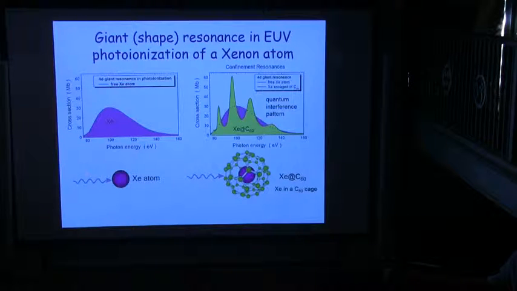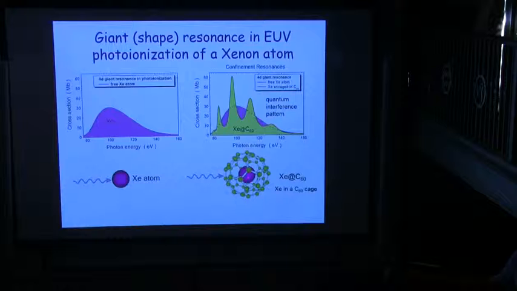The particular case was inner shell photoionization of the xenon atom. Xenon has a very large giant shape resonance. This is a 4d electron absorbing a photon and emitting an epsilon f, an f wave, a huge signal.